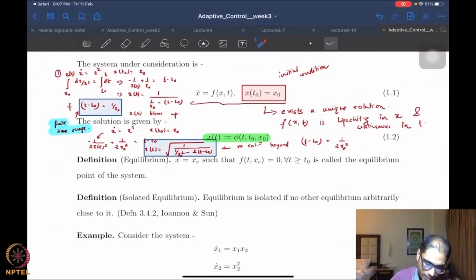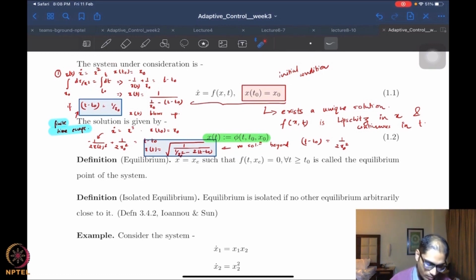But we suppress that in our expression just to keep things succinct. However, it is very critical to remember that we are always talking about a solution with a pre-specified initial time and an initial state. So the solution definitely depends on the initial time and the initial state. There is no two ways about it.